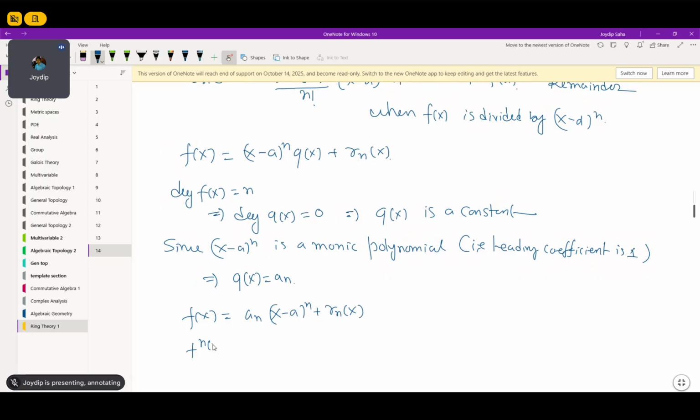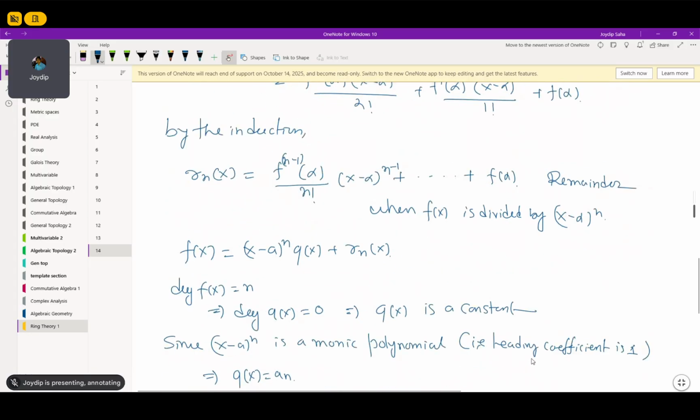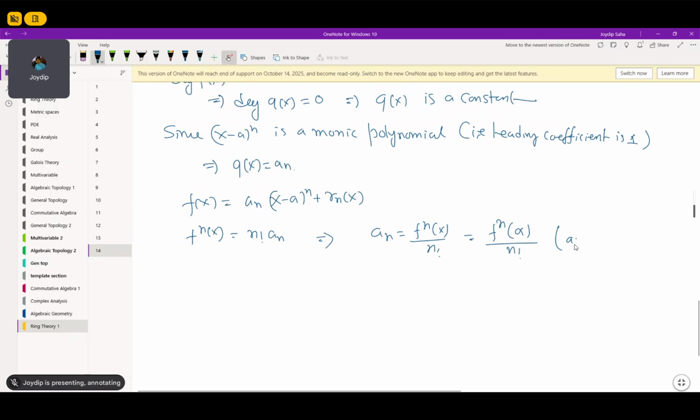So fn(x) is n factorial an. This implies an is fn(x) by n factorial, which is the constant fn alpha by n factorial. I write an belongs to k.